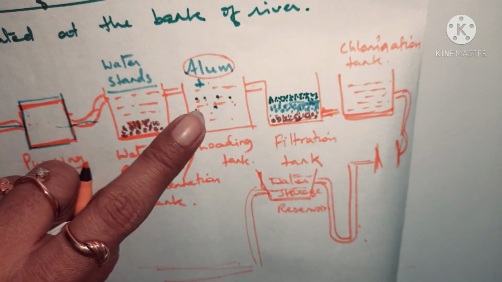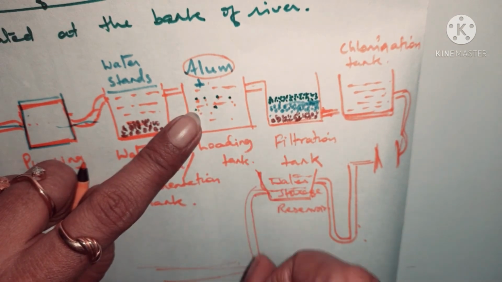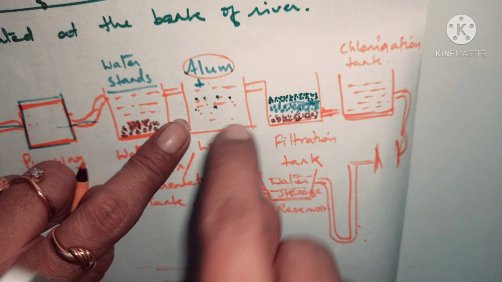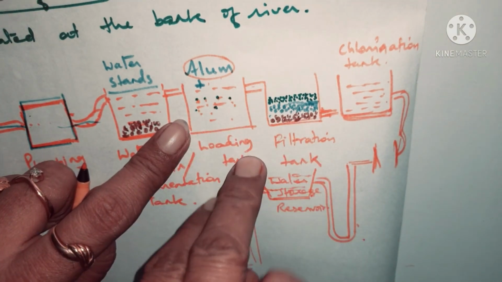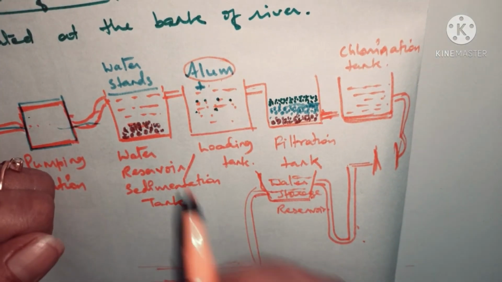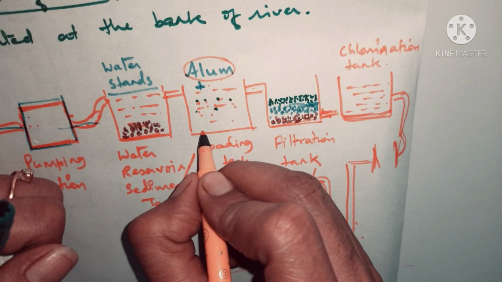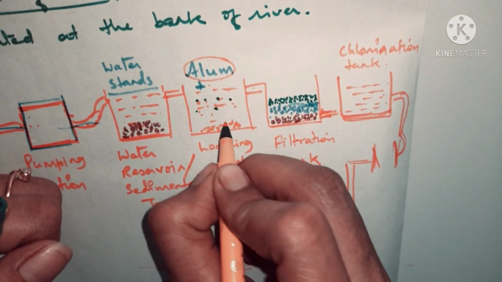They attach and deposit on these suspended particles, which become heavier, loaded with alum particles, and they settle down at the bottom of the tank. Understood? So these particles along with alum finally settle down at the bottom.